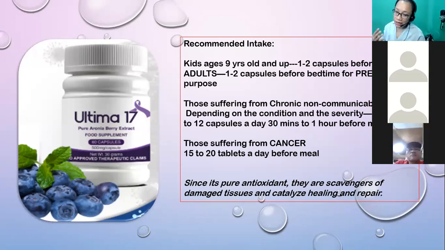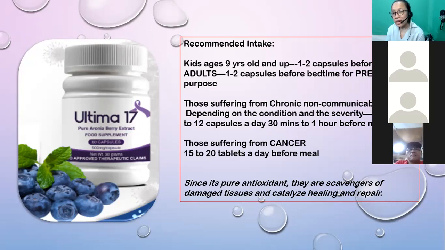So they can start taking 6 capsules, 2, 2, 2, 9 capsules, 3, 3, 3, 12 capsules, 4, 4, 4, depending on the condition and the severity. Those suffering from cancer, our recommendation is 15 to 20 tablets a day before meal. Again, the requirement is 30 minutes to 1 hour before meal.